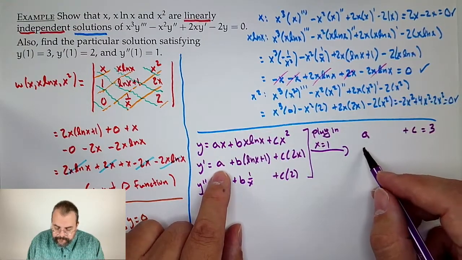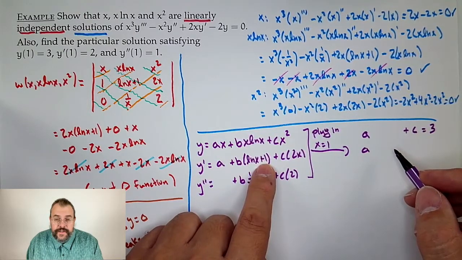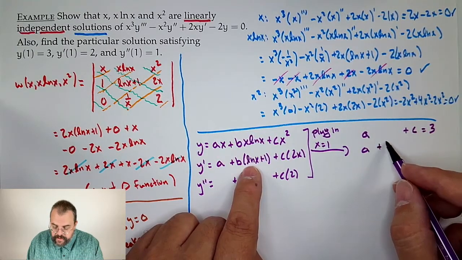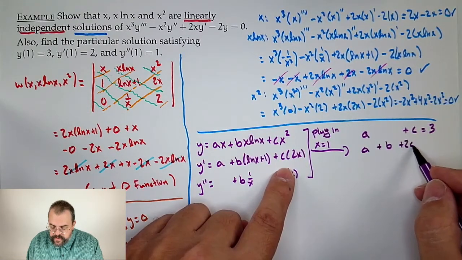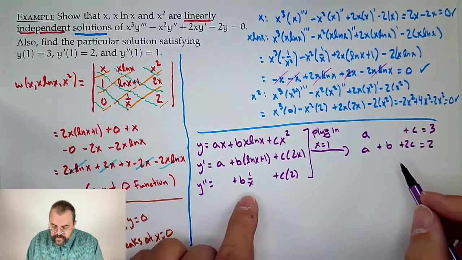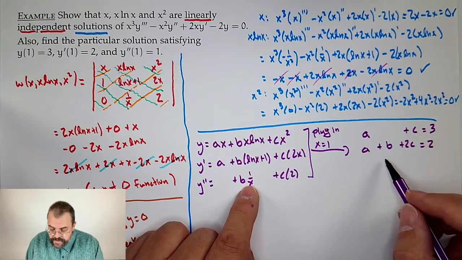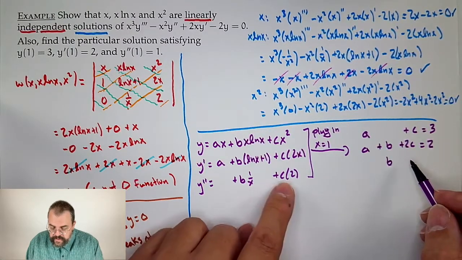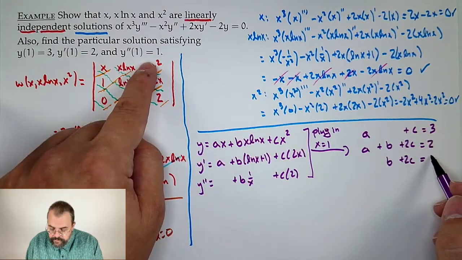Here we'll get a. Log of 1 plus 1, 0 plus 1 is 1, so we'll get plus b. And then c times 2 times 1, which is 2c, and that equals 2. Finally, there's nothing with a. B times 1 over 1, which is b, and then plus 2c, and that equals 1.